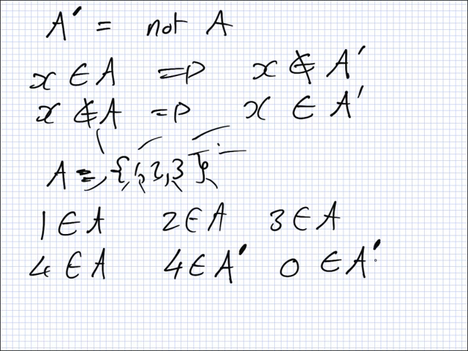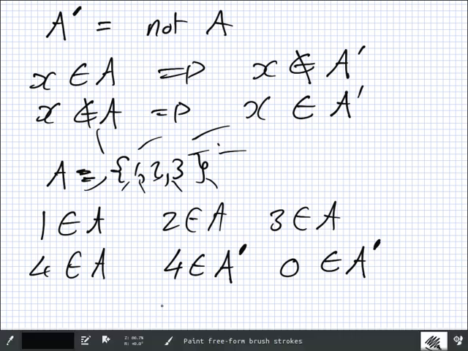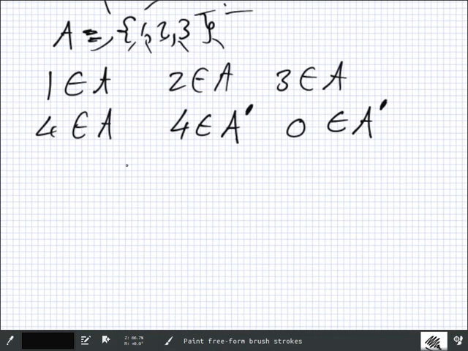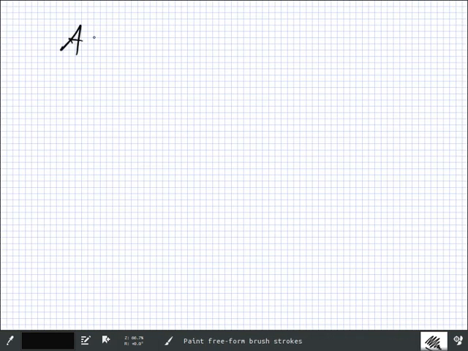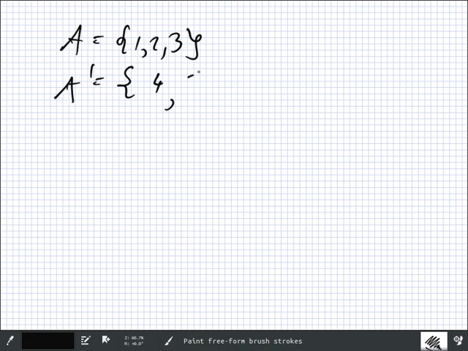Now the problem here is, what exactly are we saying is on the outside here? Can I scroll down a little bit? Yeah. So look, if I say A is 1, 2, 3, then what am I saying is not A? Well, that'd be 4, wouldn't it? It would be 5, it'd be 6, it'd be 0, maybe it's pi, maybe it's your lunch. Right? But is lunch inside A?